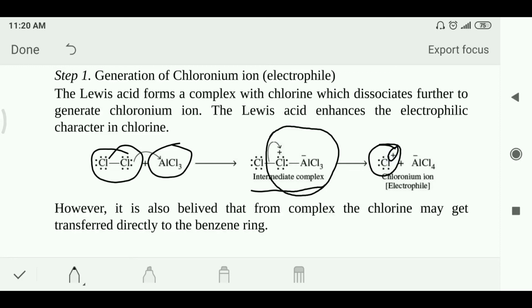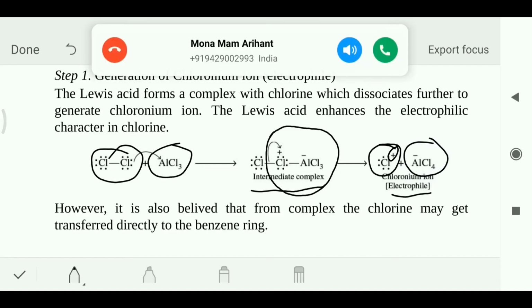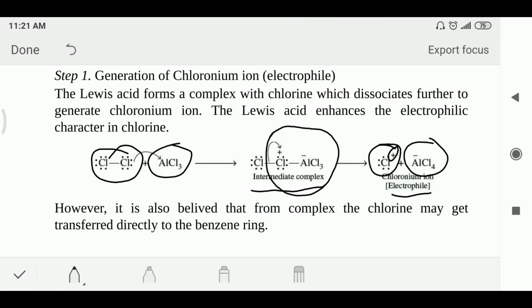That positive charge suggests that there is a lack of 2 electrons in chlorine, right? So it acts as an electrophile because it lacks electrons. The other one is the AlCl4 negative ion. This AlCl4 is removed from the complex and the electrophile chloronium ion is formed.